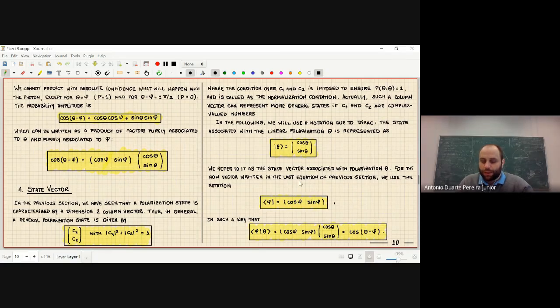So here you can say that when I take the bra associated with theta, what I'm actually doing is to compute cosine star and sine of theta star. But of course, cosine star is cosine and sine star is sine. So this is not going to change.